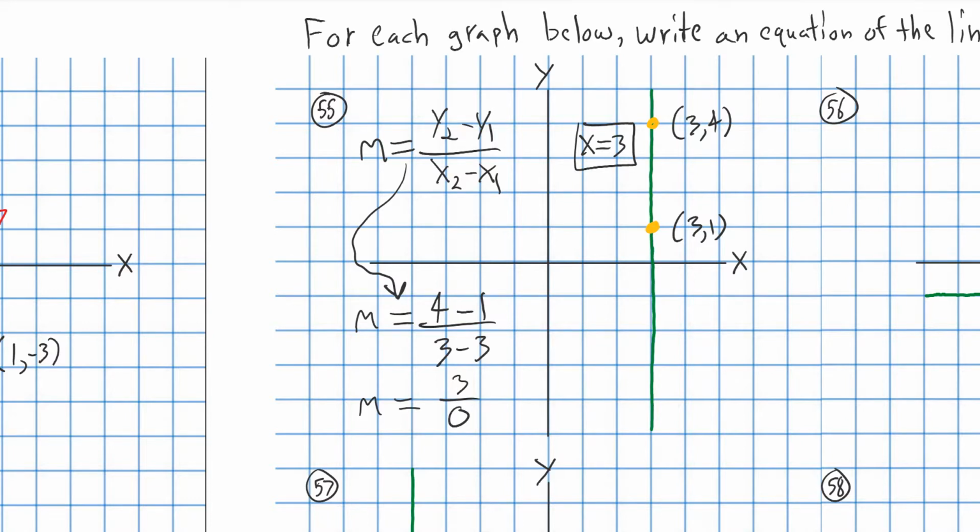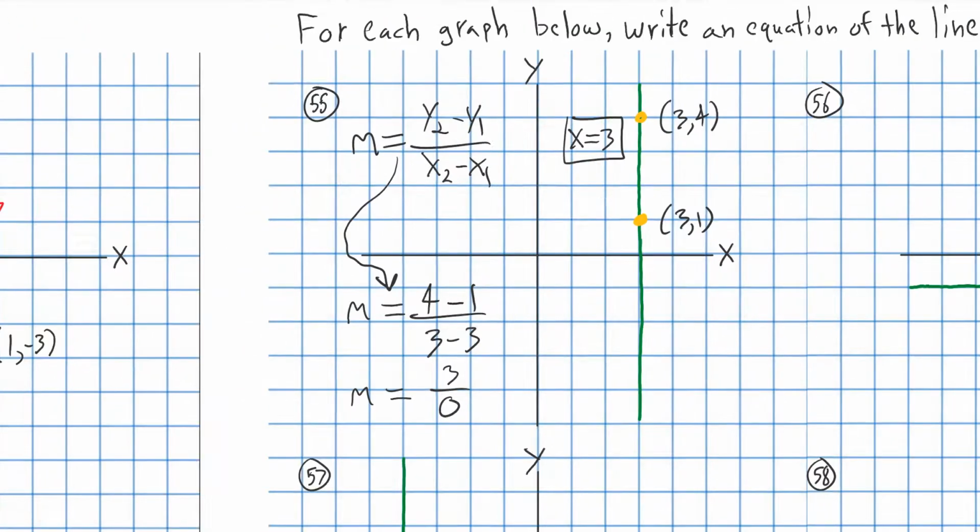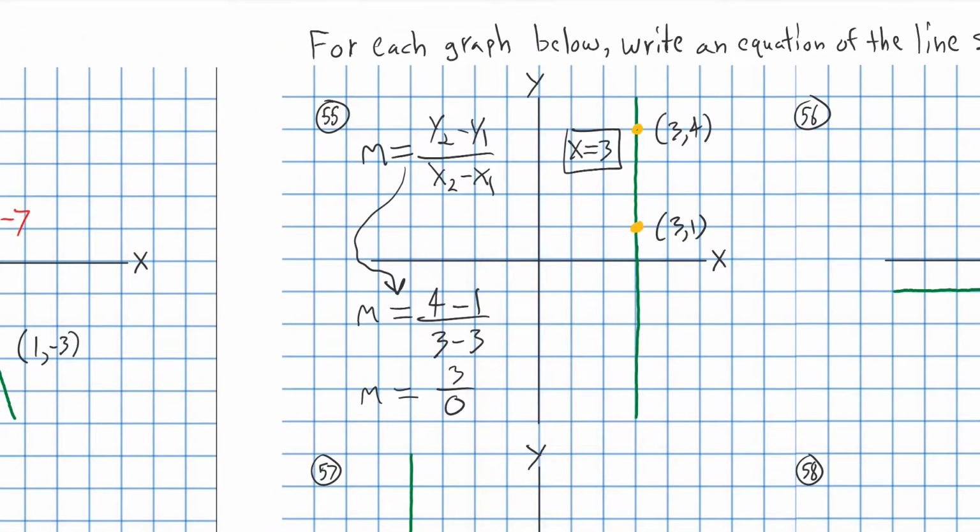Now, if you recall, when you have 0 in the denominator of a fraction, that fraction is what's called undefined. We talked about that a little bit in my arithmetic course. We didn't talk about it a lot, but we did talk about it a little bit. So you cannot have a slope with 0 in the denominator.